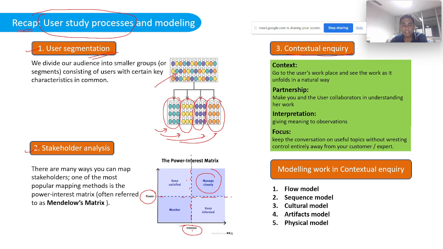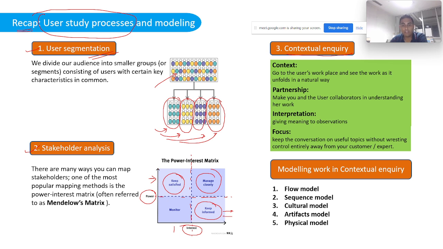Similarly, there are stakeholders like the government system, or in the case of a medical problem, probably a hospital authority, who have low interest at the initial level in a project but have high power to give a direction to your project. So you need to keep those people satisfied. Then you have the other stakeholders who have high interest but low power. Those people will be useful in your design projects, in getting useful information and a helping hand.